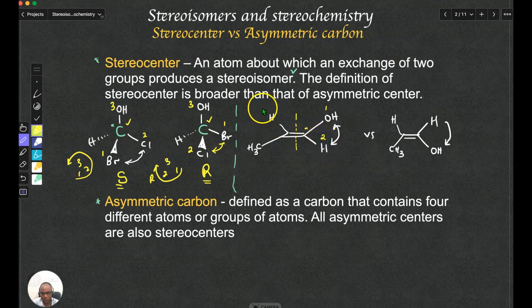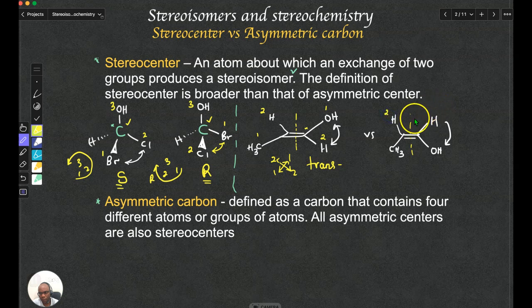Do the same thing this side. Hydrogen has lower atomic number than carbon. You see that the 1s and the 2s are opposites. The 1s and the 2s are opposite, and when that happens across the double bond, we call these trans, usually written in italics. Again, do the same thing here.